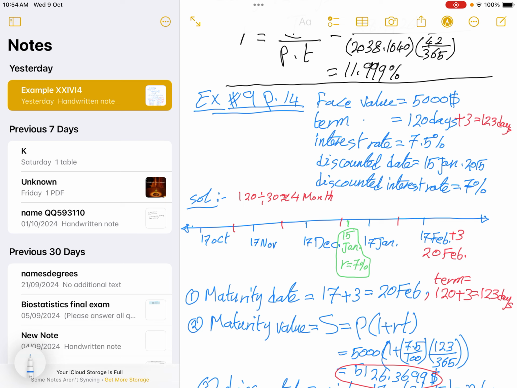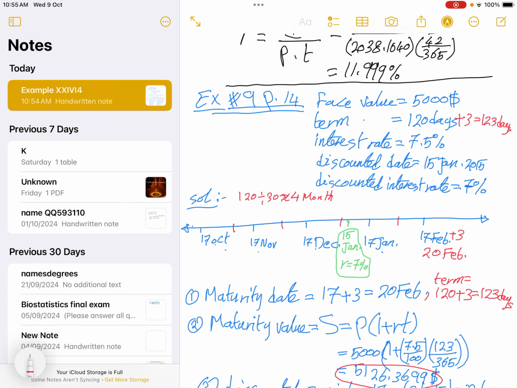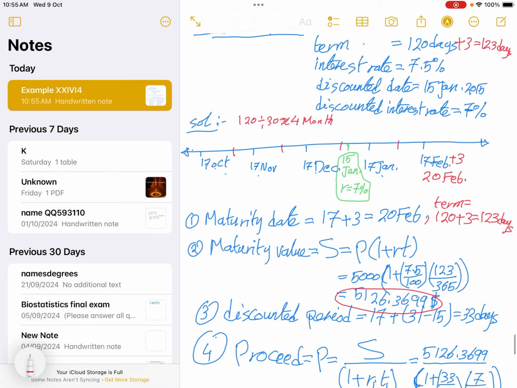Here, draw the timeline: 17 October, 17 November, 17 December, 17 January, 17 February. Notice the red one. Counting the space between October and November is 1 month, November and December 1 month, December and January 1 month, January and February 1 month, which are 4 months.